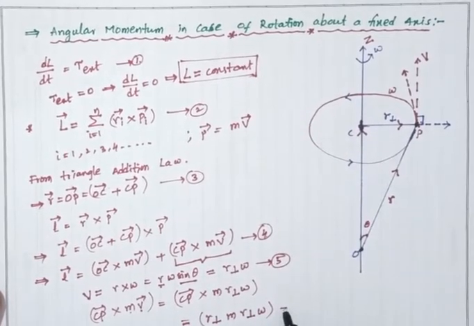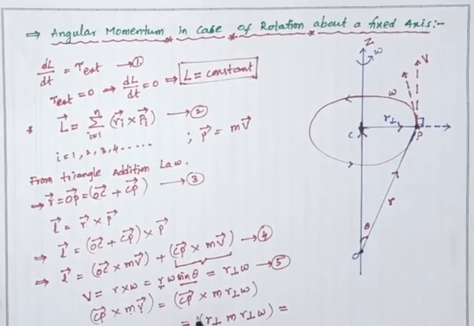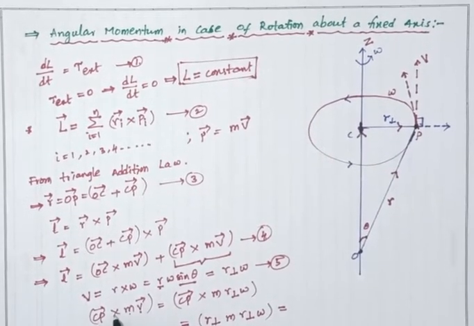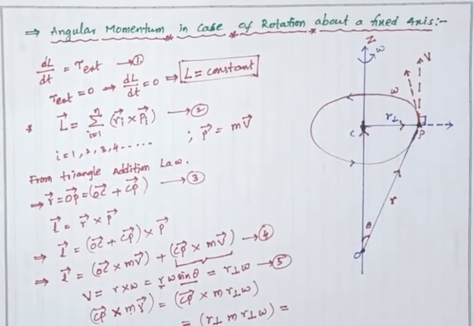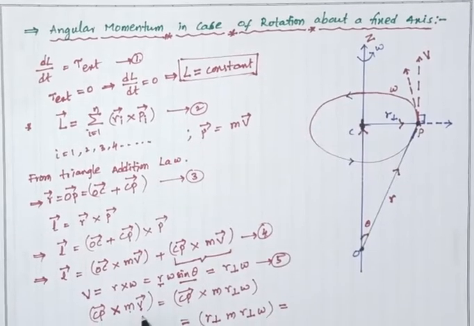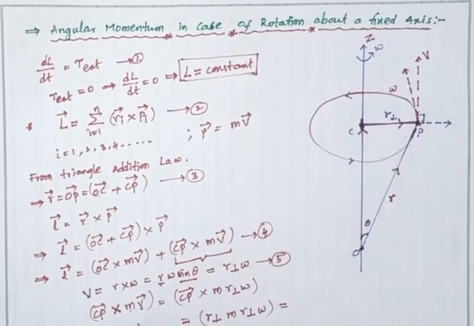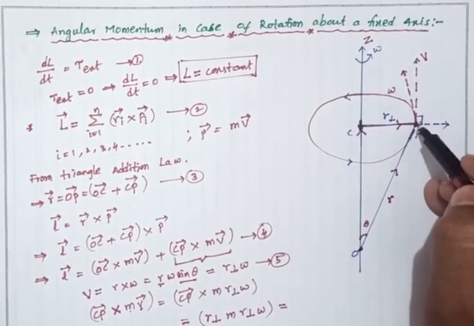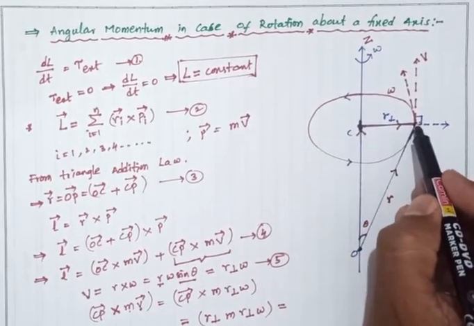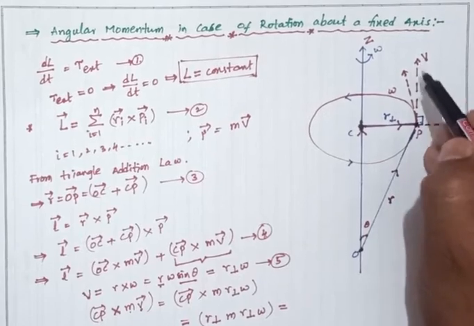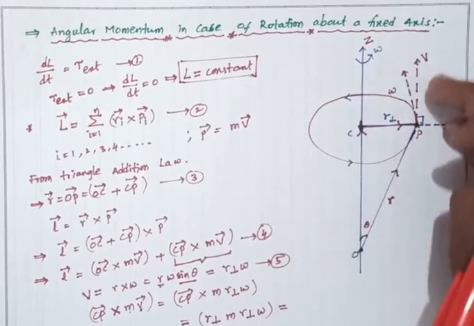Here CP bar cross mV bar, so mV bar is perpendicular to CP bar. For example, this is the x-axis direction, this is the y-axis direction, and this is the cross product between CP bar and mV bar.